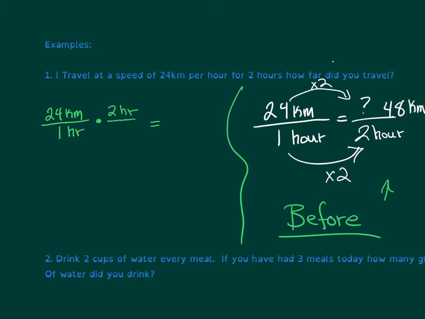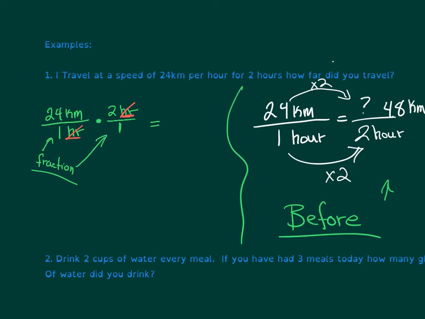Now, if you look at this, this is a fraction. And anytime you want to multiply a fraction times something, you need them both to become fractions. So I'm just going to put this 2 hours over 1. Now, what I want you to notice is that I've got hours in the denominator and I've got hours in the numerator. And anytime we have something in the numerator and the denominator, we know that they will cancel out.